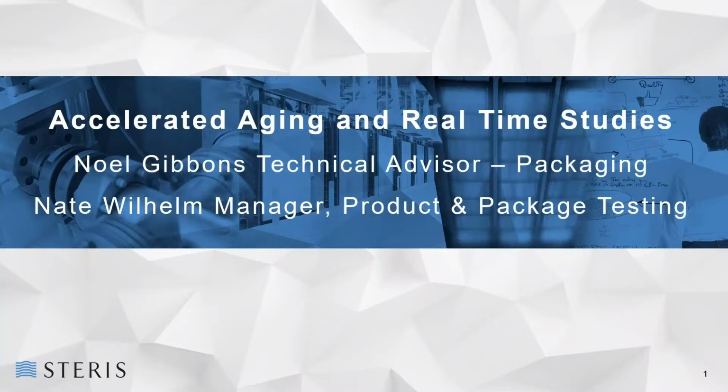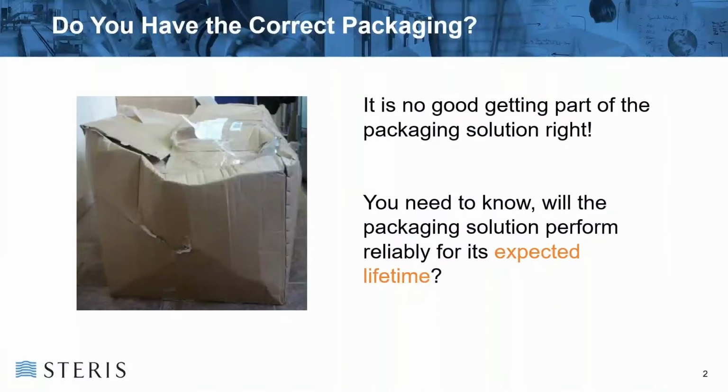So today's talk is on accelerated aging and real-time studies, how to perform them, and what the requirements are around the standards. But before you do any studies of any sort, you need to understand whether you have the correct packaging. Because it's no good getting part of the packaging solution correct and then ending up with something like the picture shown on the screen.